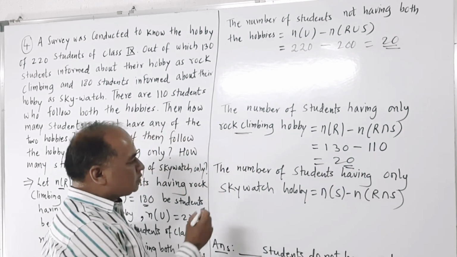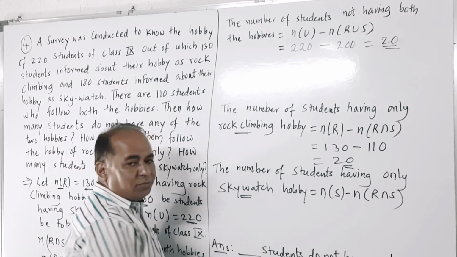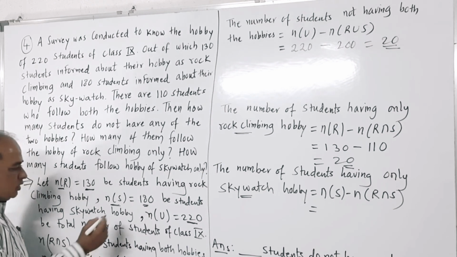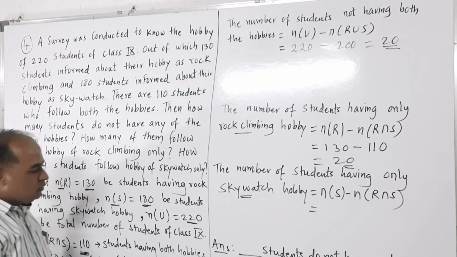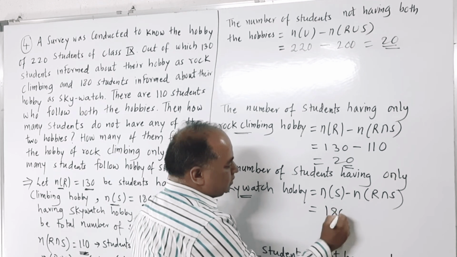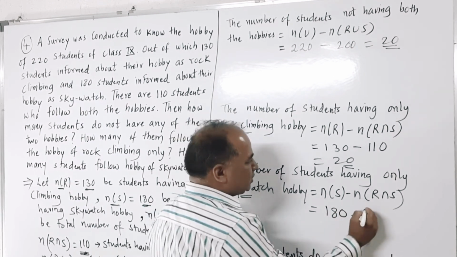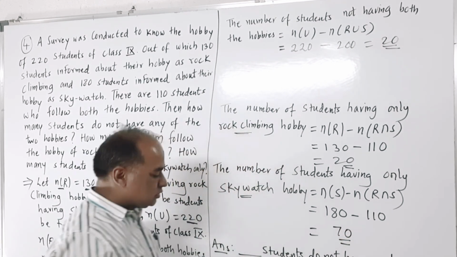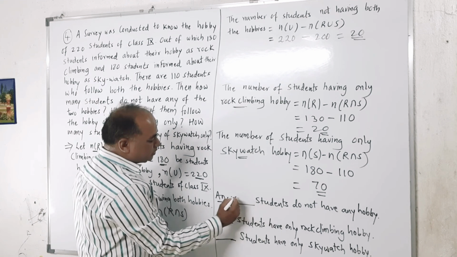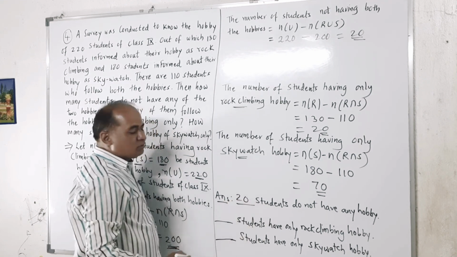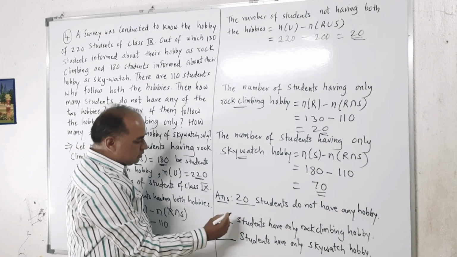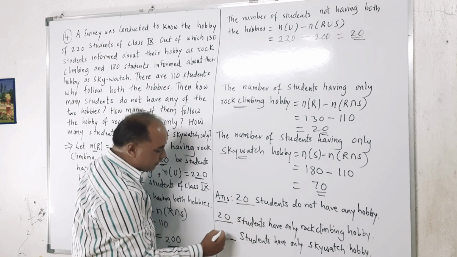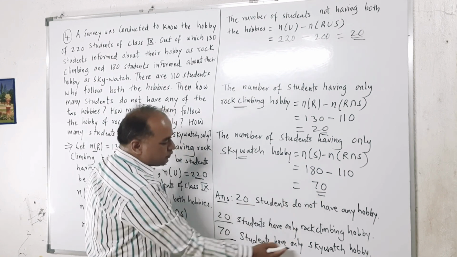And last, the number of students having only the skywatch hobby is 180 minus 110, which is equal to 70 students. So the answer of this example is: 20 students do not have any hobby, 20 students have only rock climbing, and 70 students have only skywatch.